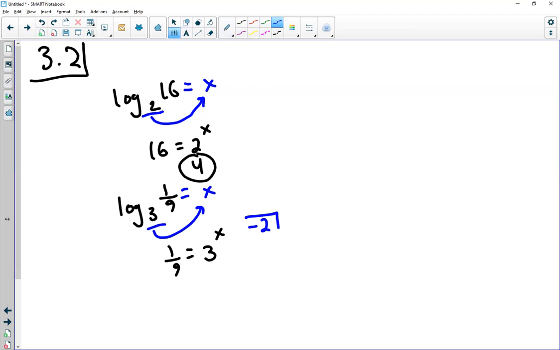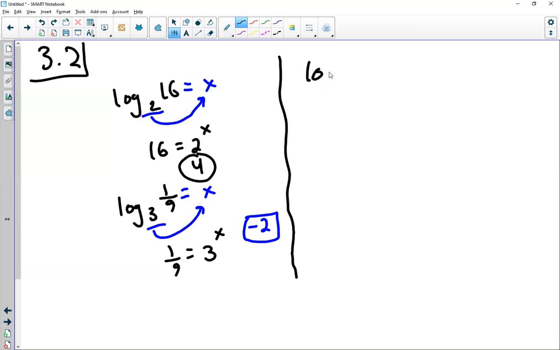It'll be to the negative 2 power. 3 to the negative 2 power will give you 1/9. I just look at the denominator and think of it that way. Yeah, that's a good way to think of it also.